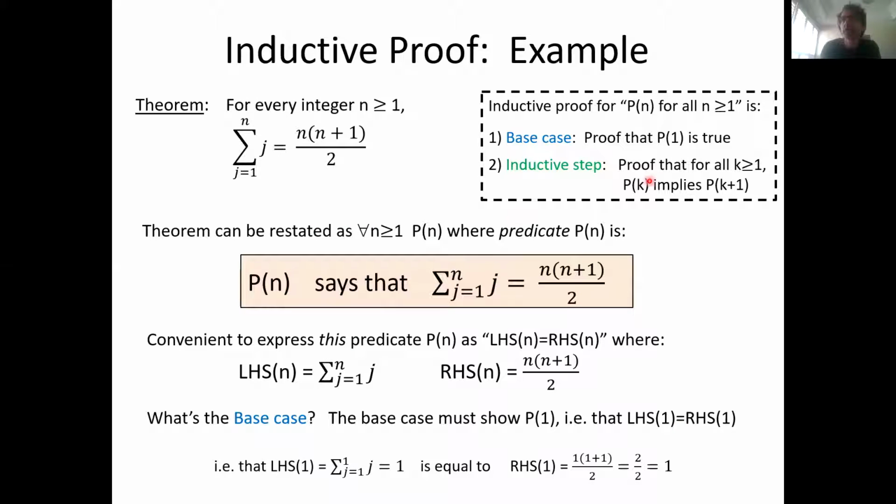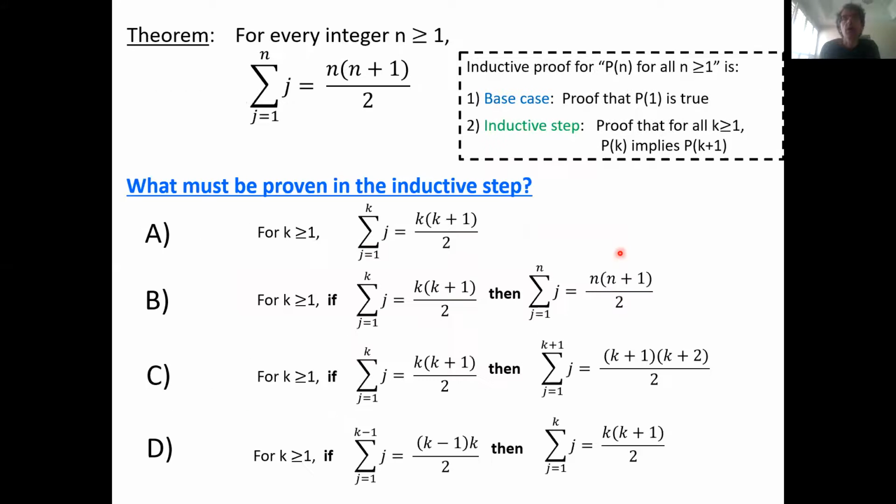So now let's do the inductive step for this predicate. Again, we have to show that for any k, if this thing is true for n equal k, then this thing is also true for n equal k plus 1. So this is the predicate on n, and we have to prove this thing. Which one is it here? I take a pause, I turn on the chat, and you make votes.